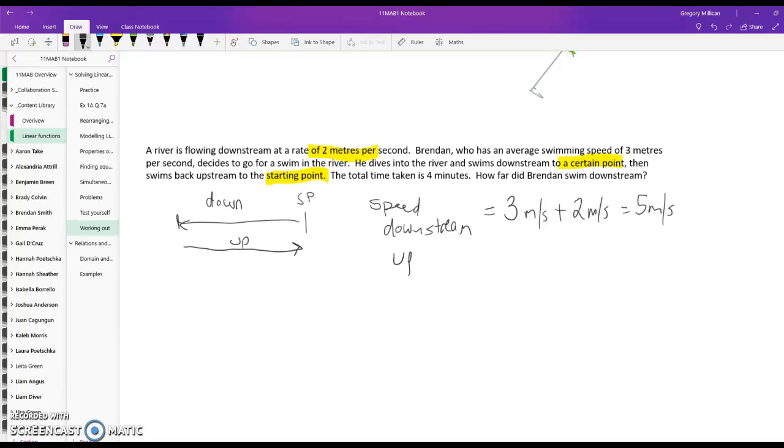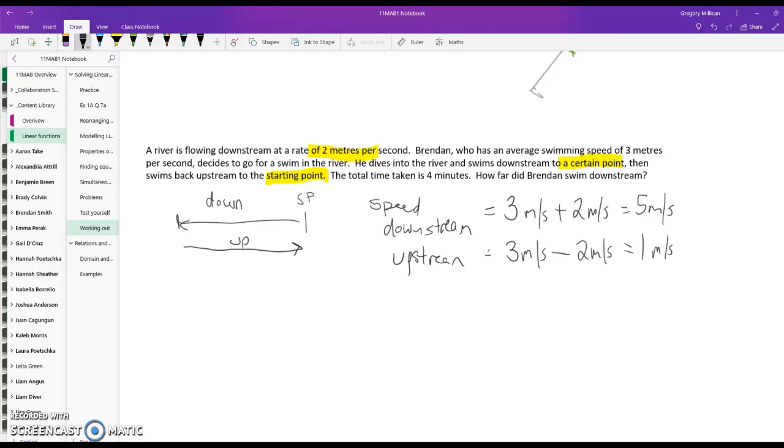And then upstream is going to be the speed he can swim minus the current, because the current's trying to slow him down. So 1 meter per second. Okay, so we've got some of that information there.